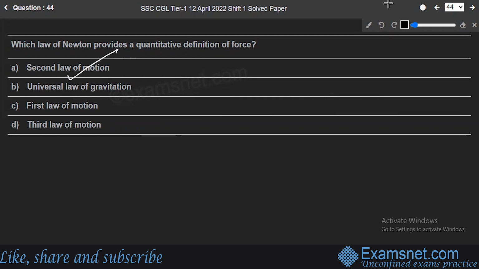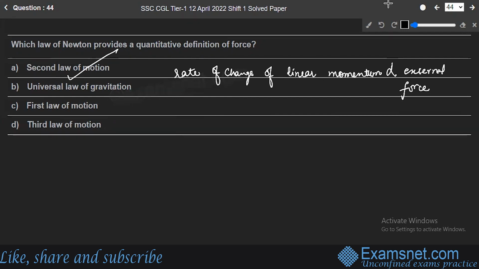This second law of motion says that the rate of change of linear momentum of a body, that's momentum which is taking place in a straight line, is directly proportional to external force applied to the body, and this change takes place in the direction of the applied force.